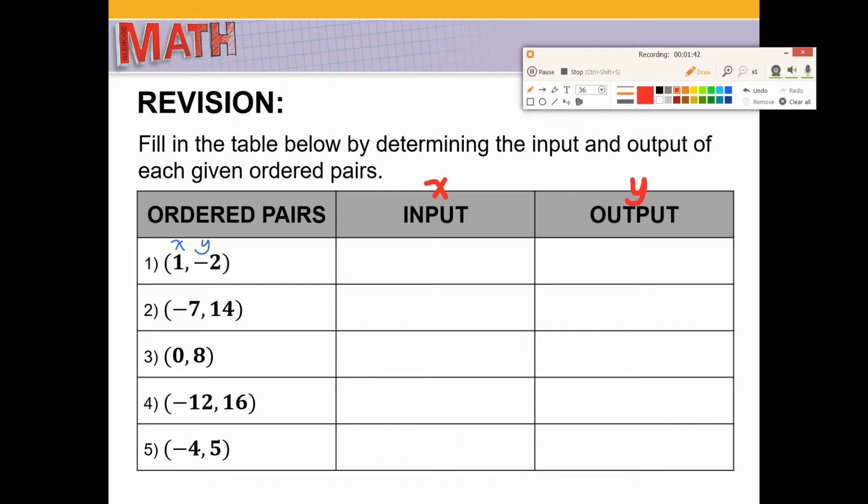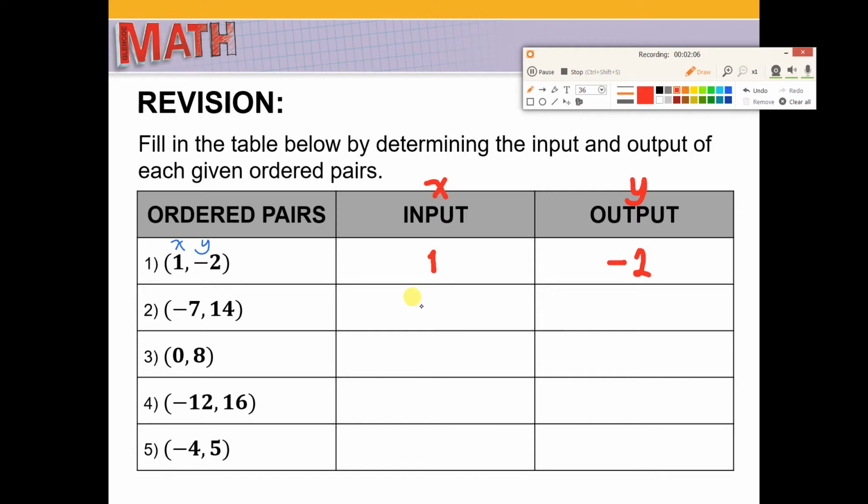In the first example, the given is 1 and negative 2. So the input would be X, or the first number, that would be 1, and the output would be the second number, or negative 2. For example number 2, we have negative 7 and 14.